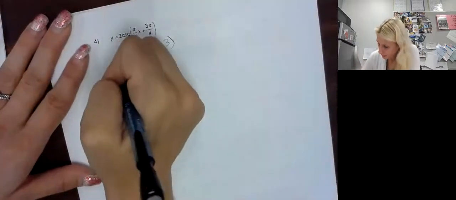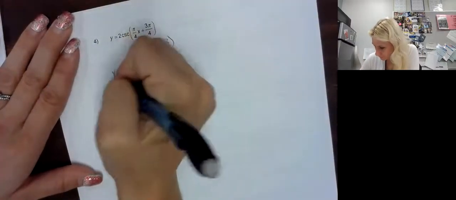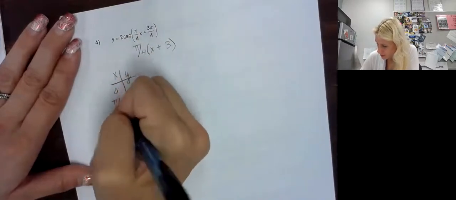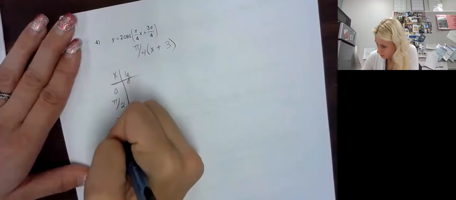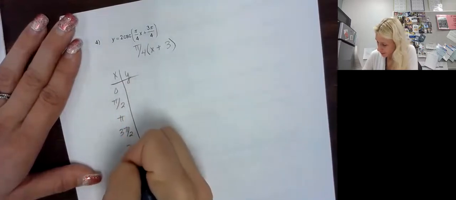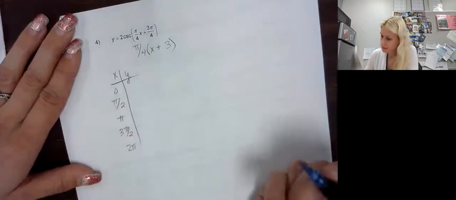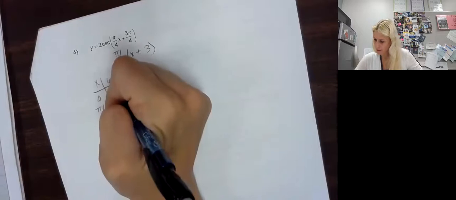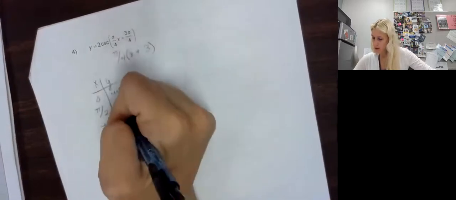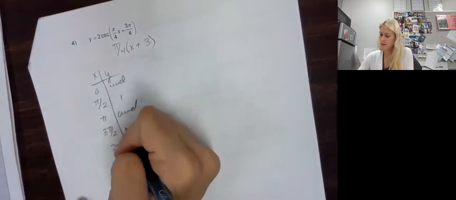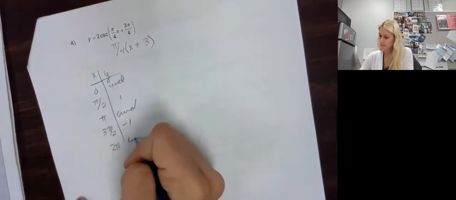So we have our table. 0, pi over 2, pi, 3 pi over 2, and 2 pi. Now this is cosecant, so we get undefined, 1, undefined, -1, undefined.